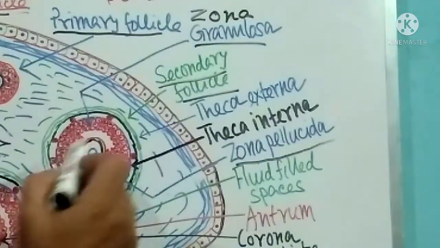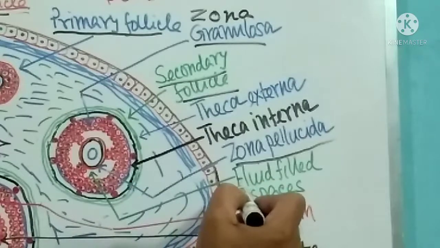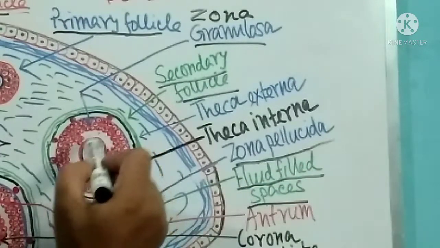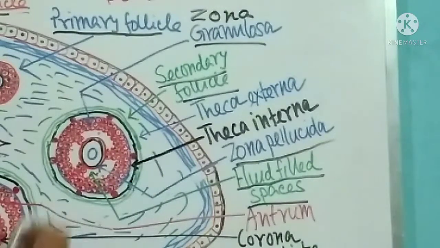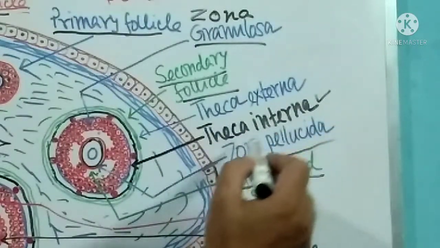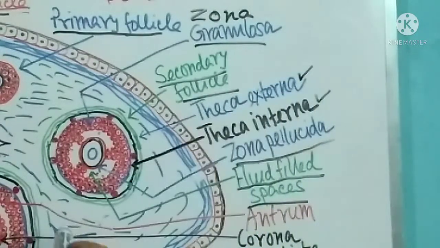Within zona granulosa, fluid filled spaces are seen. Theca is formed. One is theca interna and another is theca externa.